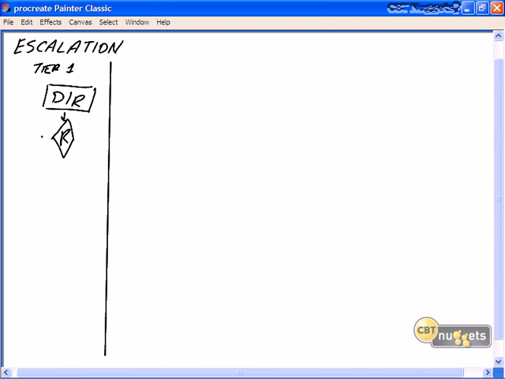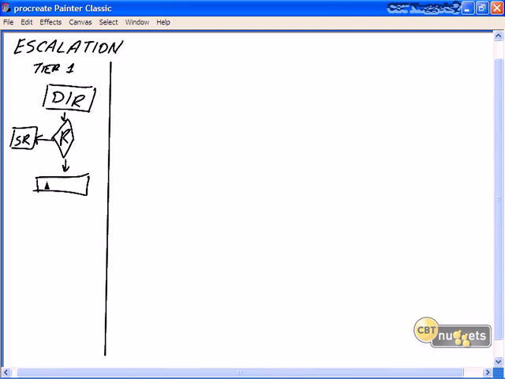Now, if it's a service request, let's say it's a new employee who needs their account set up and information on how to use their new laptop, that would be a service request. So that's going to be an offshoot here to what we call a service request procedure. I'll just put an SR here for service request. If it's a hardware or software issue, it's going to go to the initial level of support here in T1.